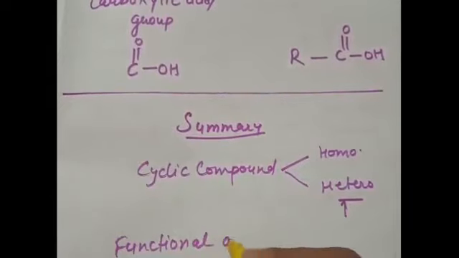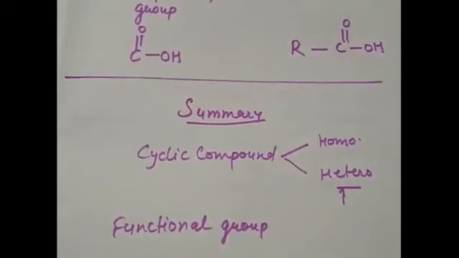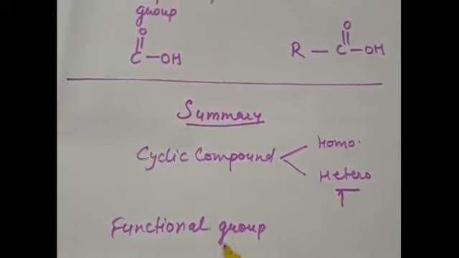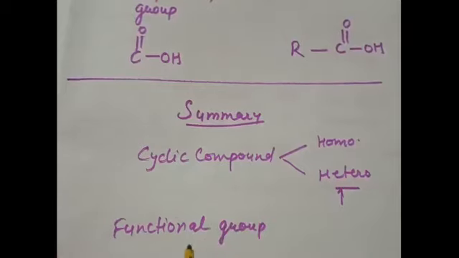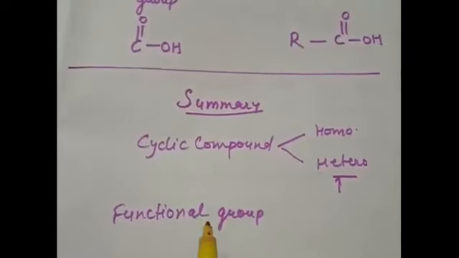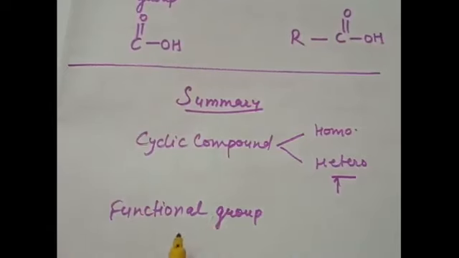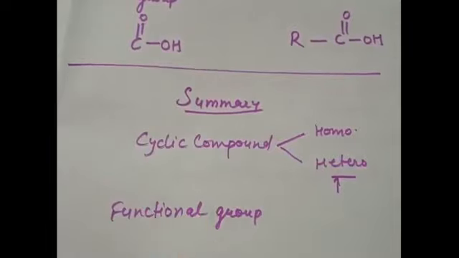A functional group is an atom or group of atoms which is attached in a carbon ring, either at the end or in between, and it has its own specific properties. This functional group is always attached by replacing one or more hydrogen atoms from the carbon ring or carbon chain. The functional groups can be attached in the branches of carbon, or rings of carbon, or simple straight chain of carbon atoms.